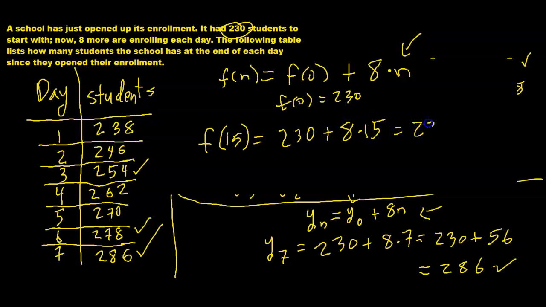And that's going to be 230 plus, what is 8 times 15? It's 120, right? And 230 plus 120 is going to be 350. So we can use this formula to tell us that if this school kept its enrollment open for 15 days, it would have 350 students. And we don't even need to know the value of the previous term, which would be f of 14, to know the value of f of 15.